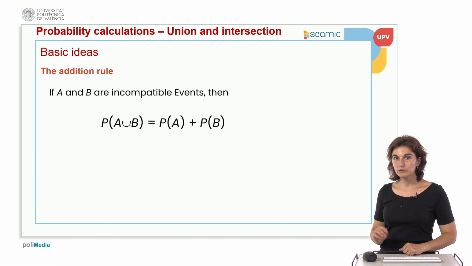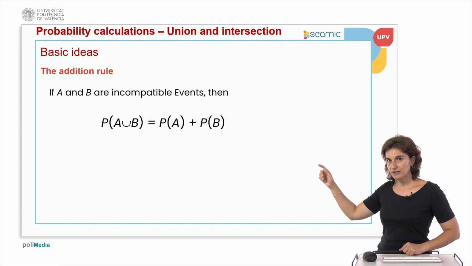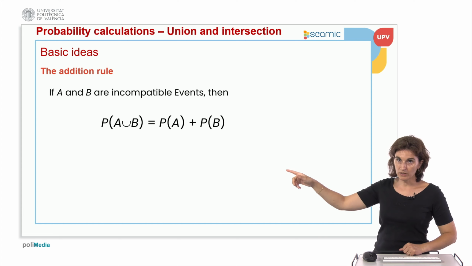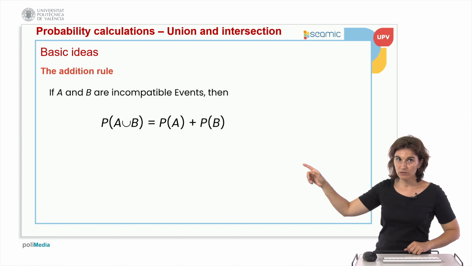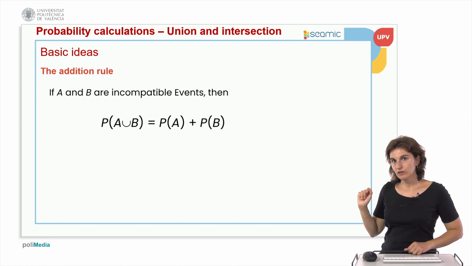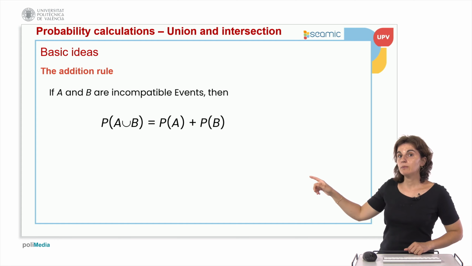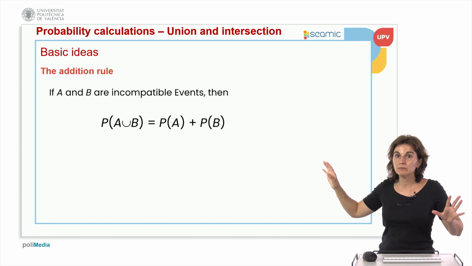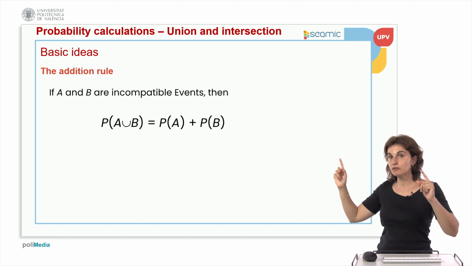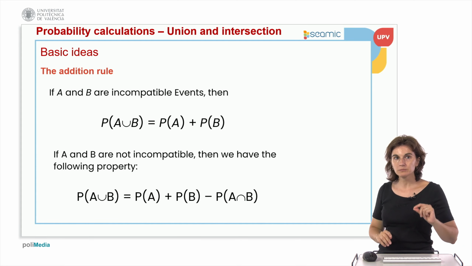If we think about the probability that A or B is happening, that means only A, only B, or both. If we work with incompatible or mutually exclusive events, then the probability of the union will be only adding the probability of A plus the probability of B, as it is written there.